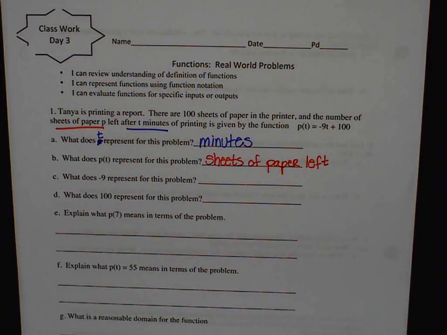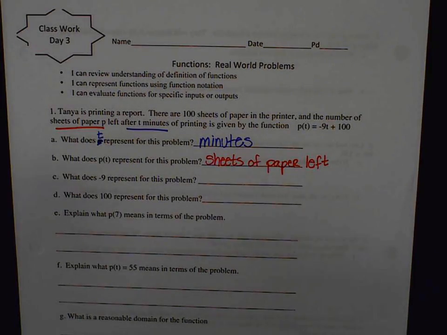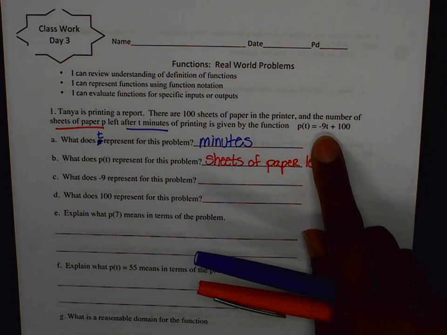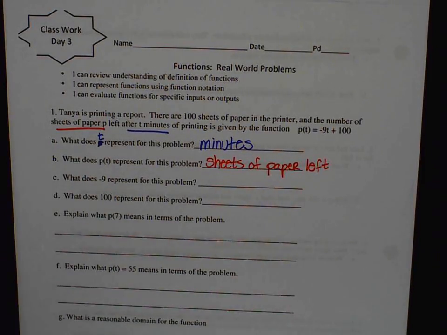So now we want to really explain what the -9 and the 100 really represent in the problem. So what does the 9 represent for this problem? We know that it's -9t. The negative number should tell you something.